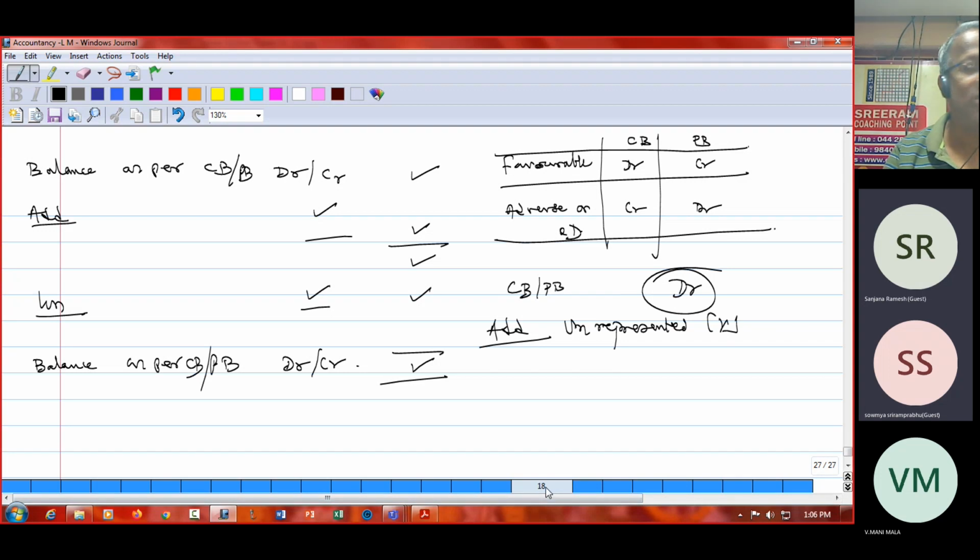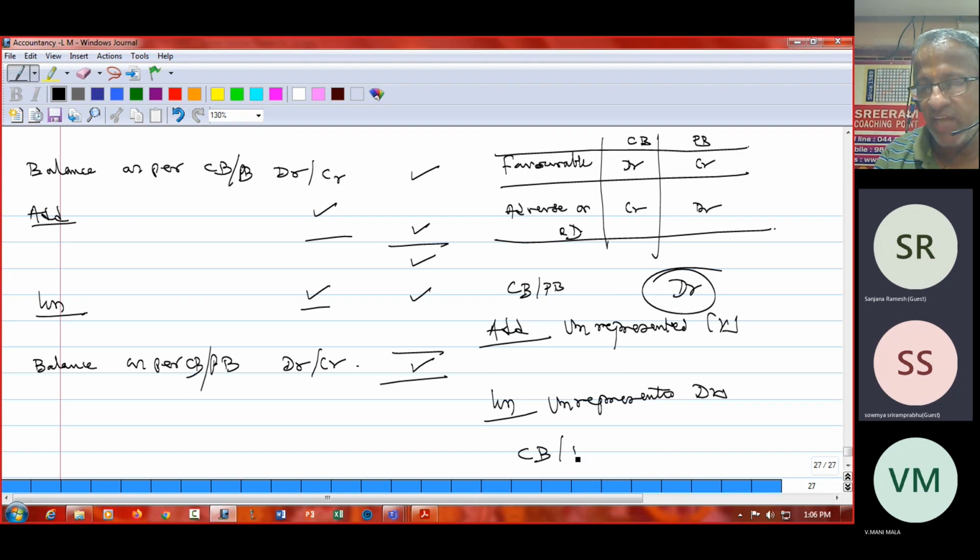Opposite poles attract, no. Repulsion is deduction. I will deduct unrepresented debits. That's it.